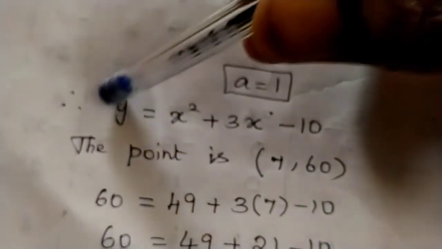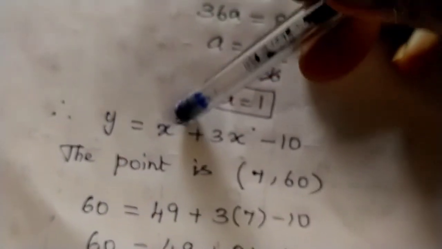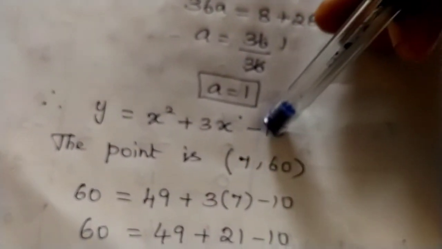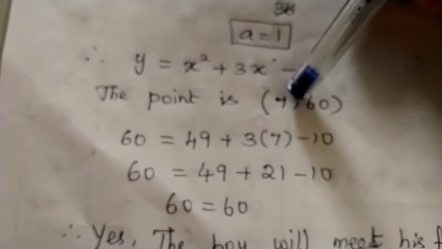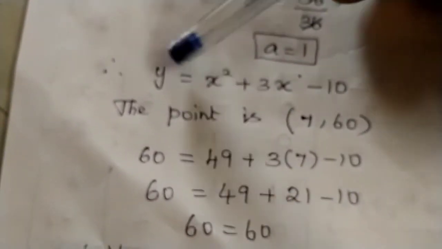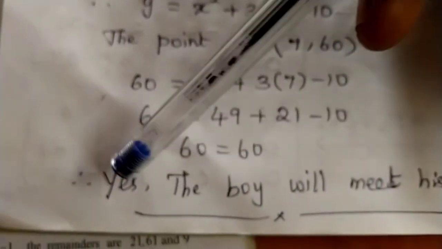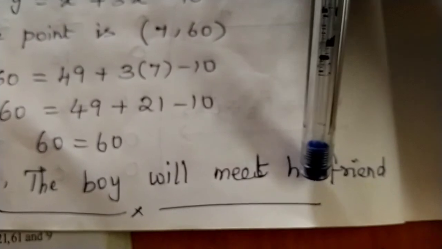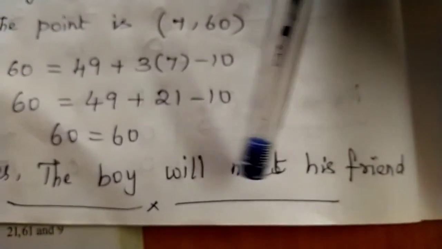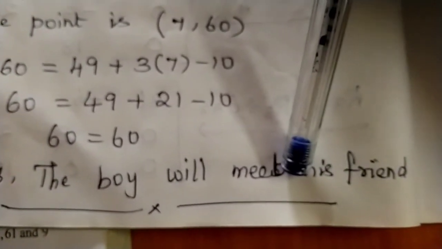Now we get a equal to 1, b equal to 3, c equal to minus 10, substitute, we get the equation y equal to x squared plus 3x minus 10. The given point is (7, 60). Now y equal to 60, x equal to 7, substitute, we get 60 equal to 60. Therefore yes, the boy will meet the friend. Okay, get the answer. Thank you, students.